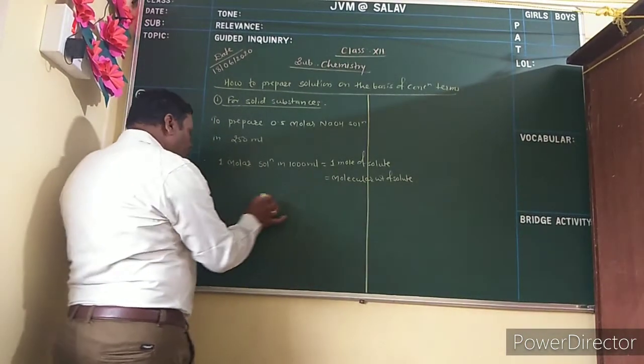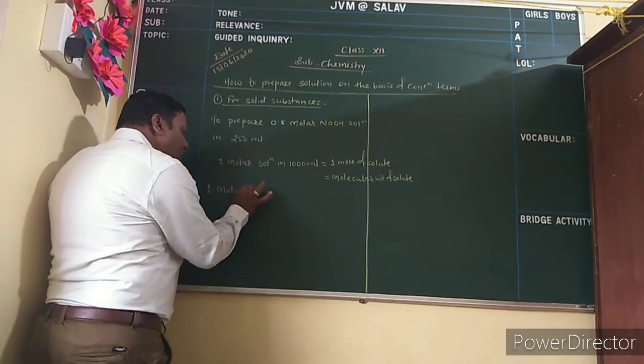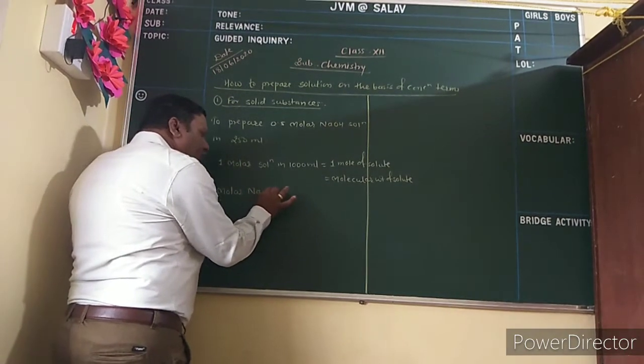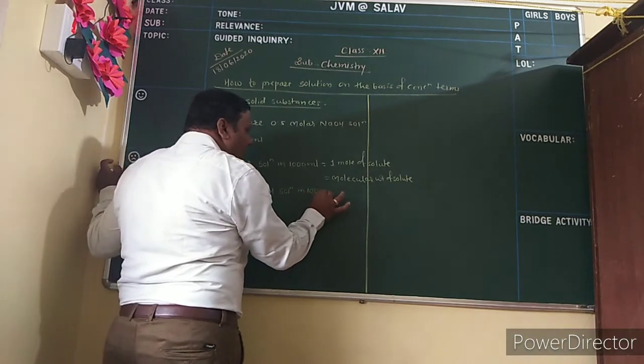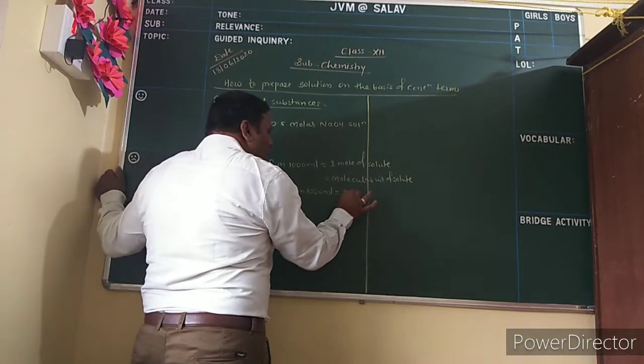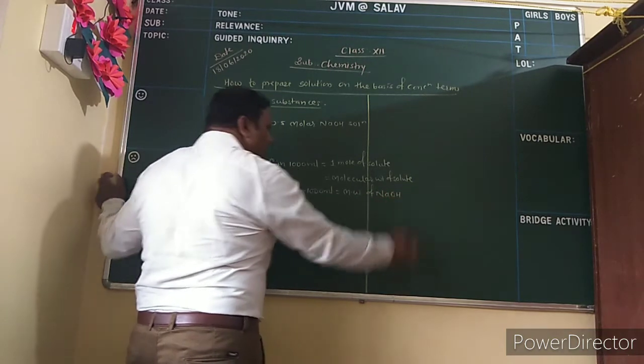So 1 molar solution in 1000 ml is equal to 1 mole of solute, that is, the molecular weight. Suppose we say that a 1 molar NaOH solution in 1000 ml is equal to the molecular weight of NaOH. Corrected?